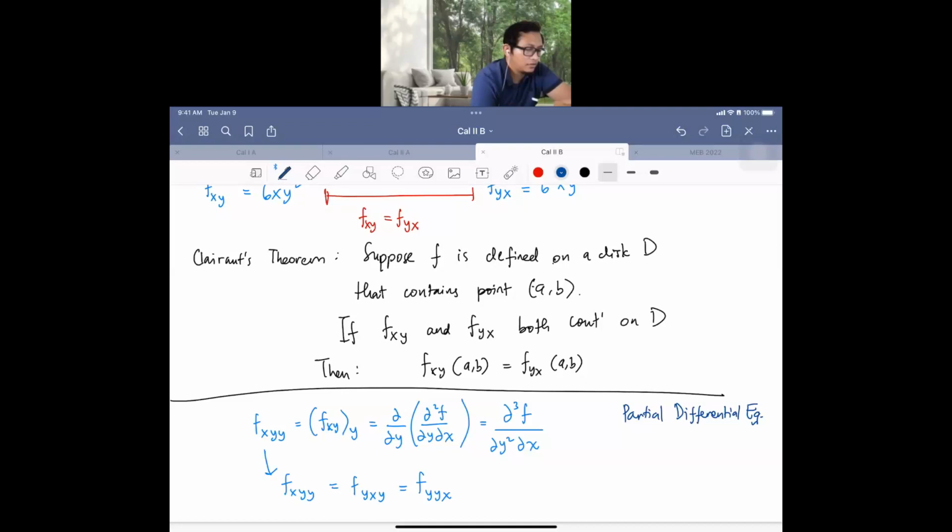The next section, 14.4, we will discuss more related to the geometric view, which we call the tangent planes.